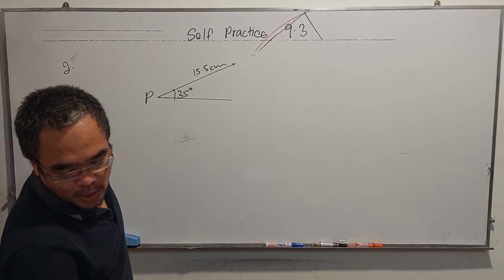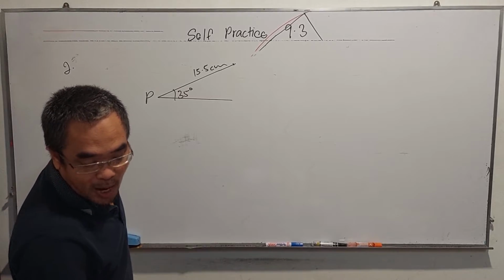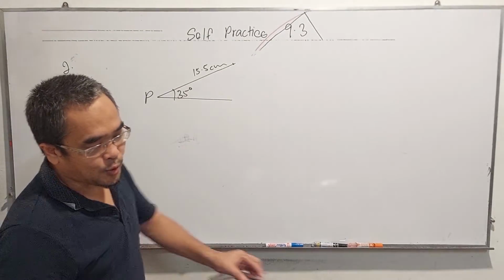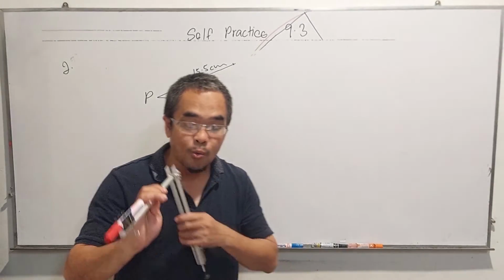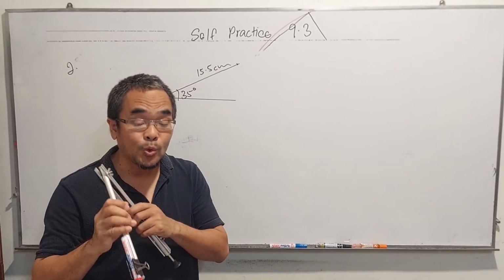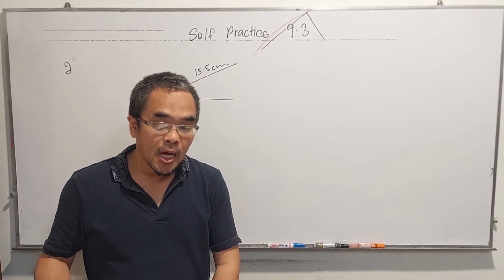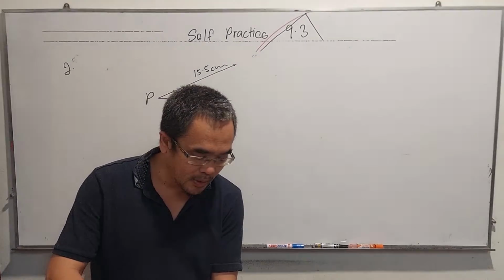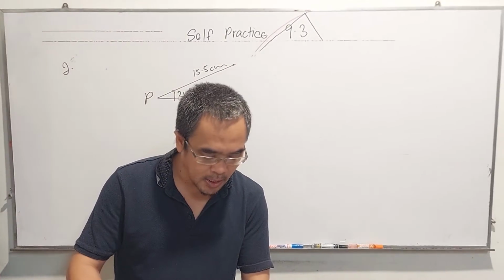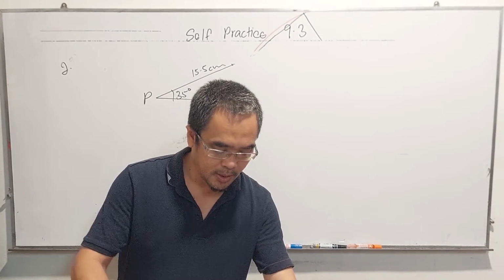Okay. So QPR is 35 degrees, and given QR is 10.5. So in order to know that 10.5, I will multiply by 2. 10.5 multiplied by 2 is 21. Okay, this big.